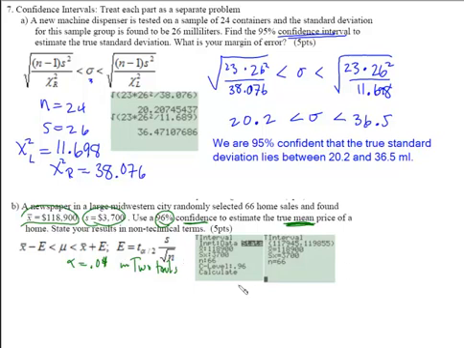So your confidence interval here would be, let's see, $117,945 to $119,855.